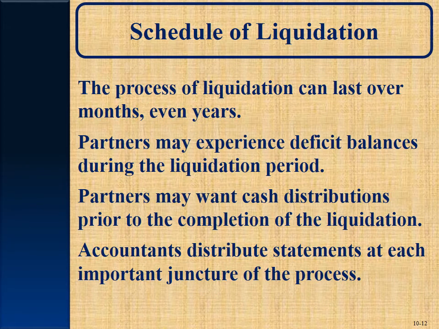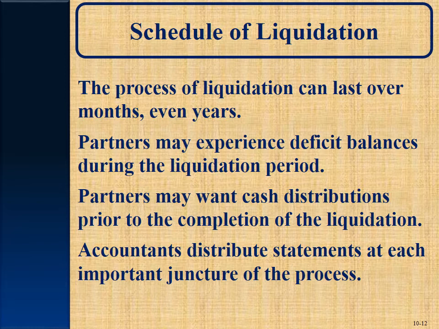Now, the process of liquidation can last over months, even years. Partners may also experience deficit balances during the liquidation period. Remember, the last example was a pretty straightforward, easy introduction. The capital balances were positive.